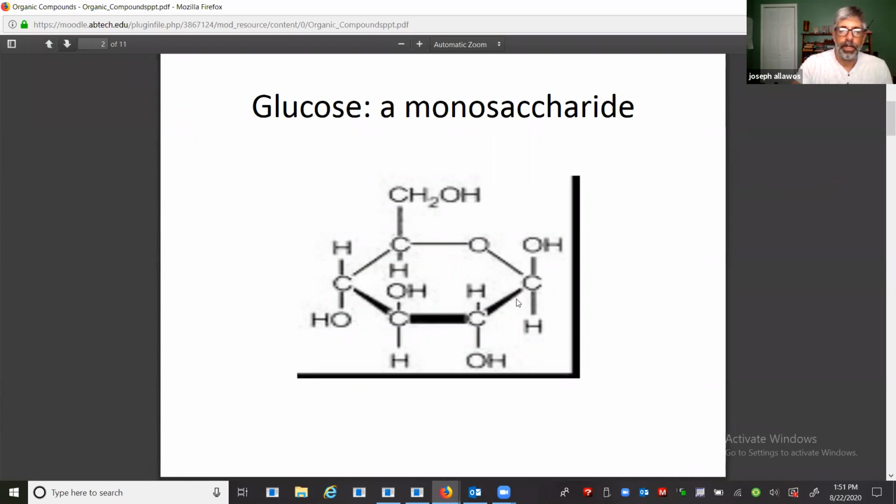So again, why are these lines fatter? They're trying to show it sort of three-dimensionally. These are still just covalent bonds. And what you can then do with glucose is you can use it as the monomer or the building block to make other carbohydrates.